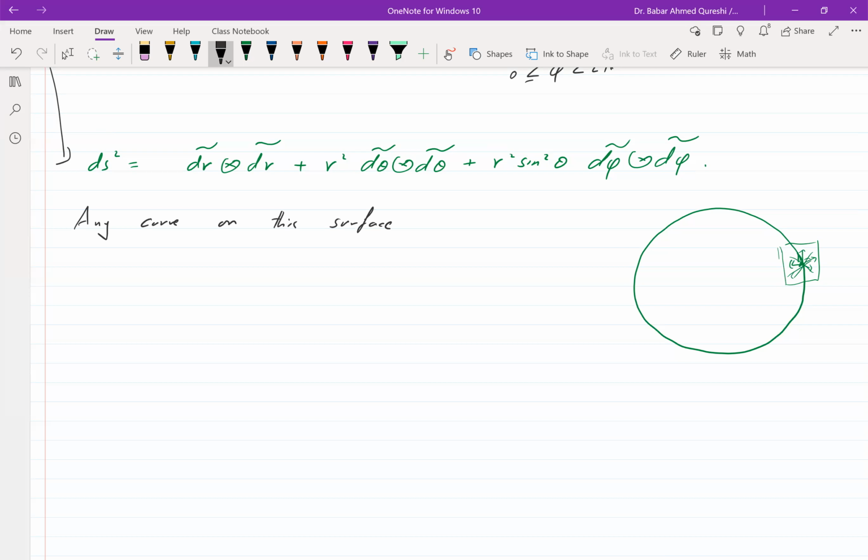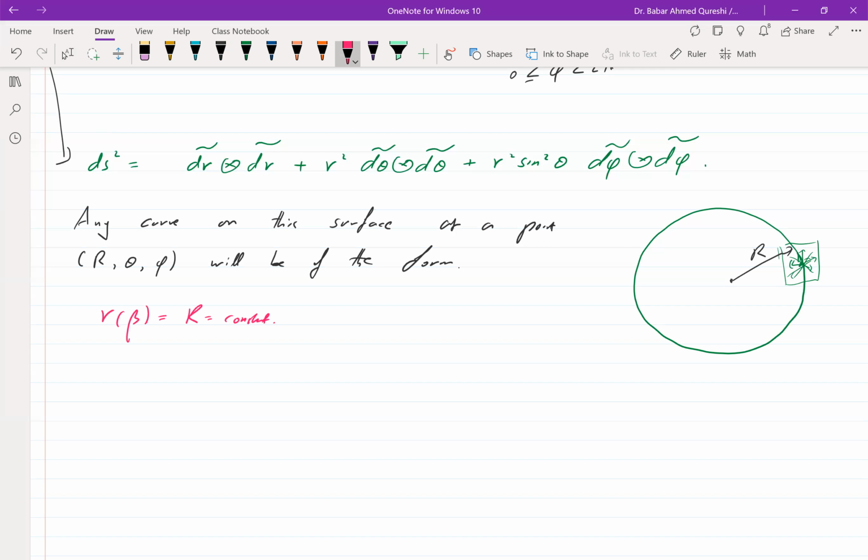So any curve on this surface at a point, suppose this is a sphere of radius capital R. So how would the point look? R, theta, phi will be of the form, how will the equation look like? This r will be constant, because that's the very definition of the curve remaining in this surface, which for us is now forming a manifold.